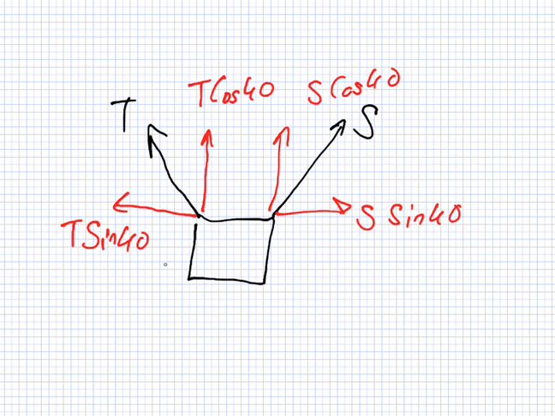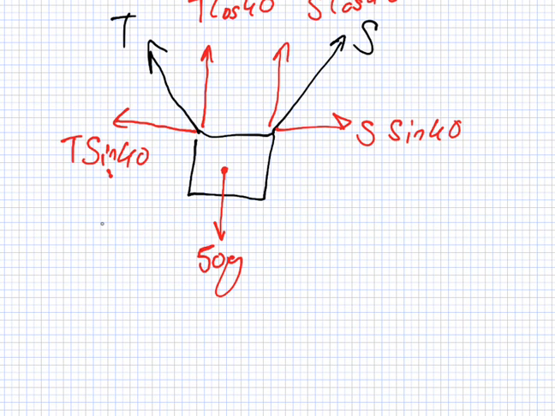Now some people maybe use this, which is fine. Did anybody here say T cos 60? If you did, that's okay, it's the same. What did you say, KJ? Did you use sine 40 here or cos 60? Okay, that's okay.